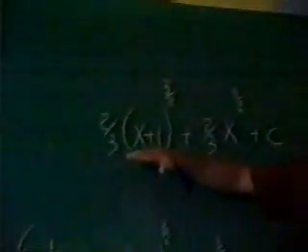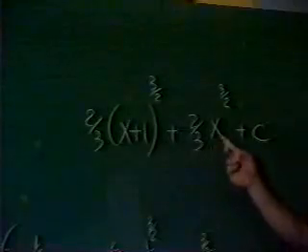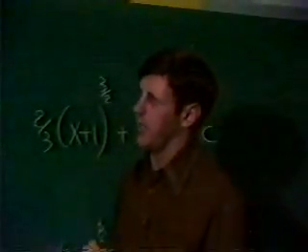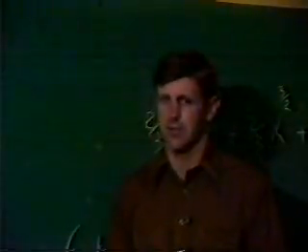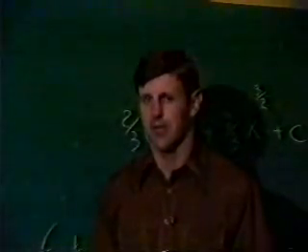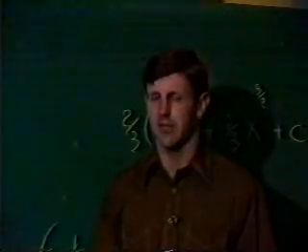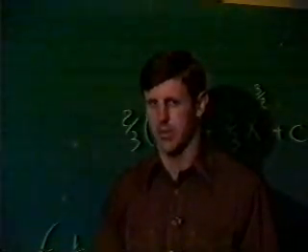And then simplifying a bit further, 2/3 x plus 1 to the 3/2 plus 2/3 x to the 3/2 plus c. The point is, a change of variable is not always the answer when you have a radical that you think you can't handle. Don't give up on the algebra too quickly. Try to simplify it. Try to make it fit one of the other forms.